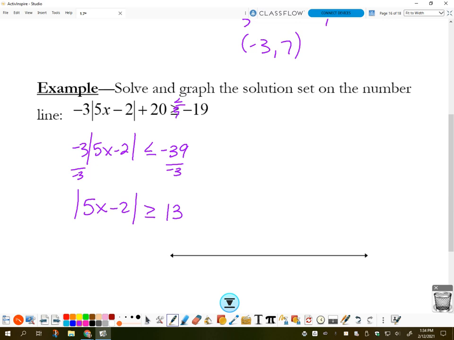Alright, so now, since it's a greater than, at the moment that I split it, I'm going to keep this one, and then it'll be or, and then I'll do this is less than or equal to -13.